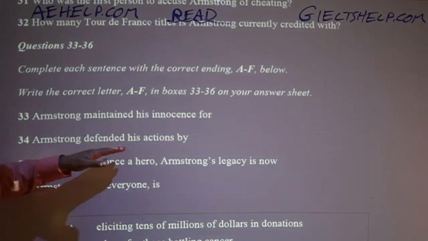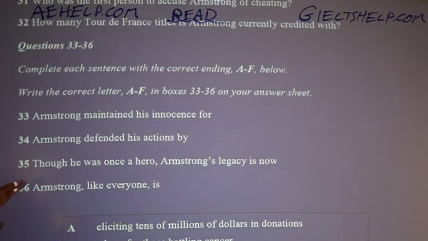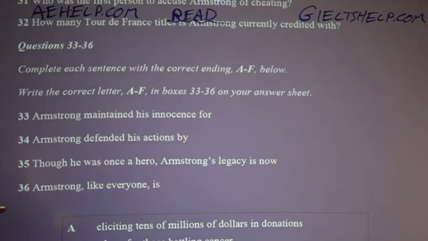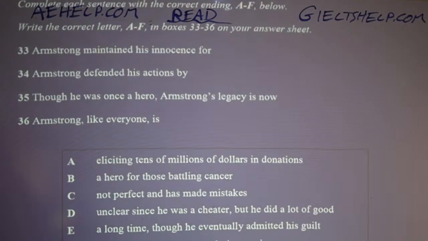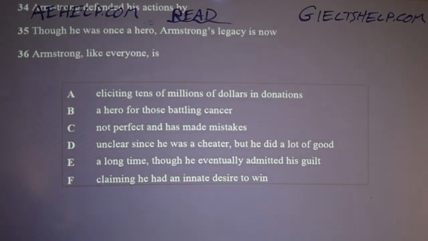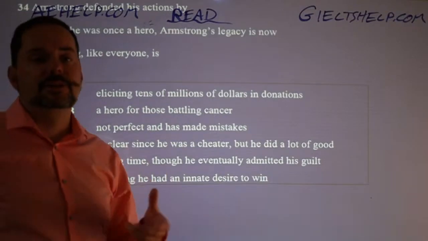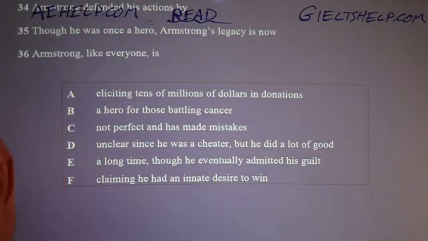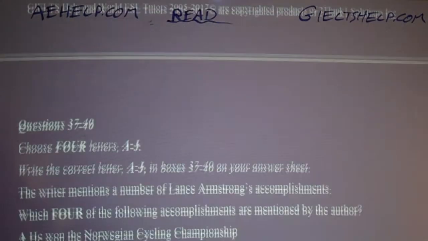Armstrong defended his actions by. Though he was once a hero, Armstrong's legacy is now. Armstrong, like everyone, is. Okay. So I have 4 sentence starts, and I have 1, 2, 3, 4, 5, 6 sentence finishes. 2 of these are unclear, not in the passage, wrong. I don't know which 2. So I'm not going to read these because that might confuse me.